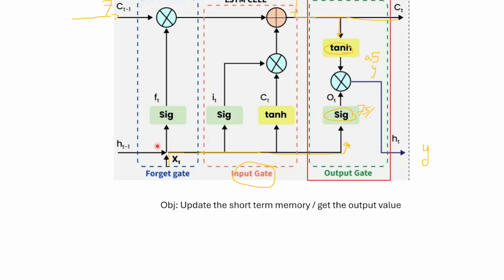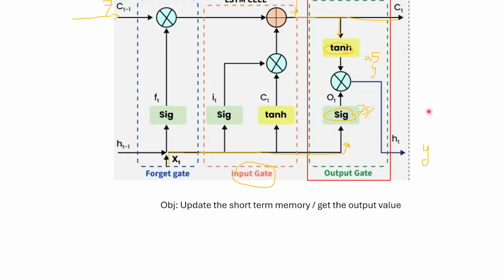So weights and biases are different. They are all different across all of these cells. And then we will use them again in the next layer. So yeah, that's it for the long short-term memory.